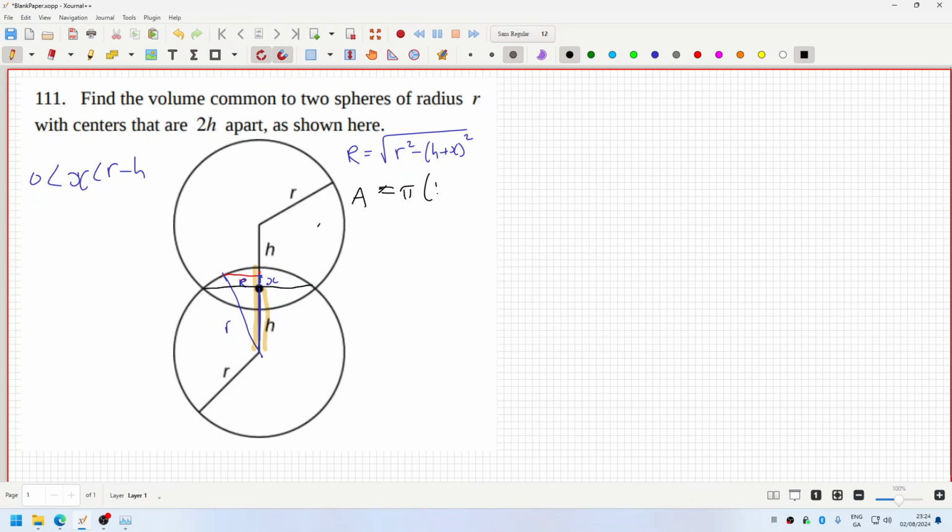So pi times (R squared minus (H plus X) squared).